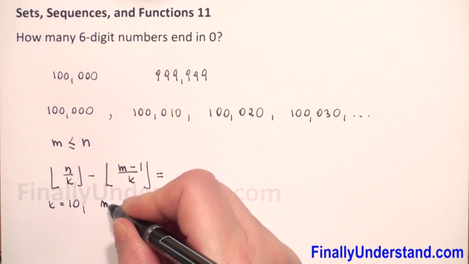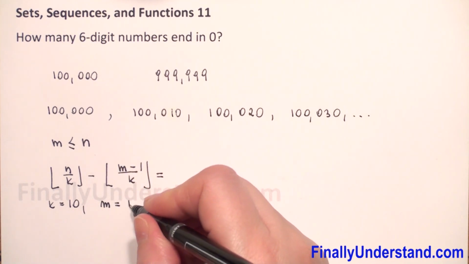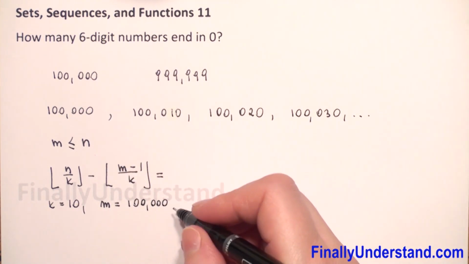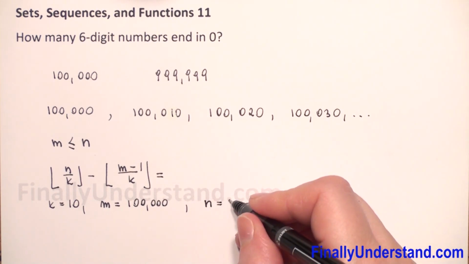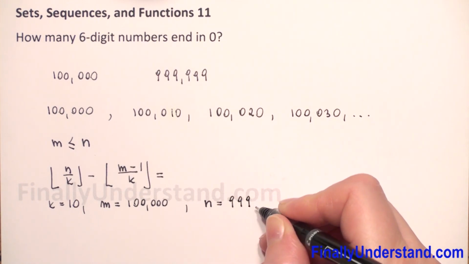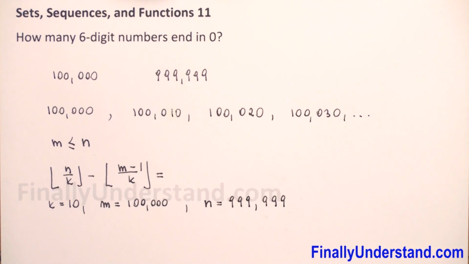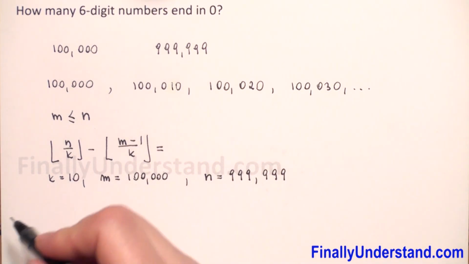Our m is equal to 100,000 and our n is equal to 999,999. So let me plug these numbers into this formula.